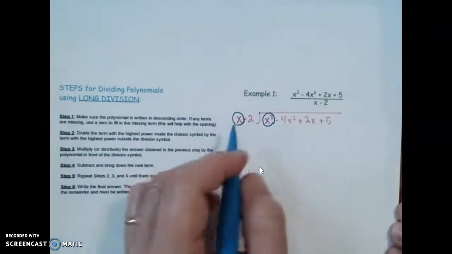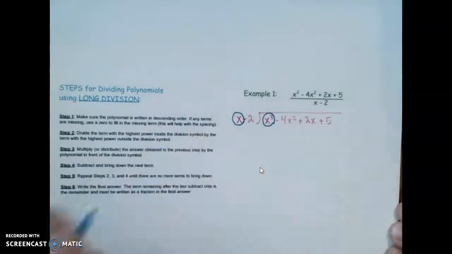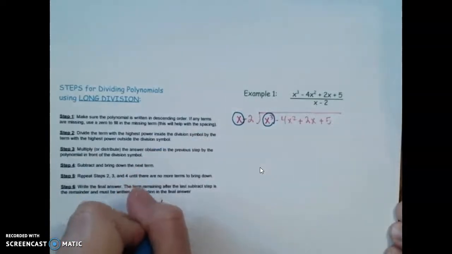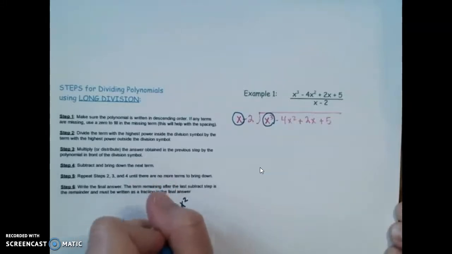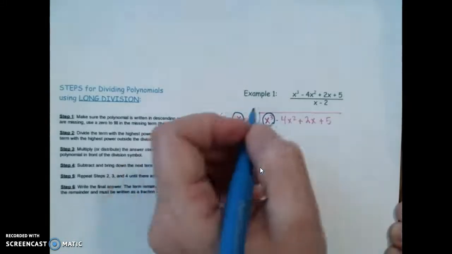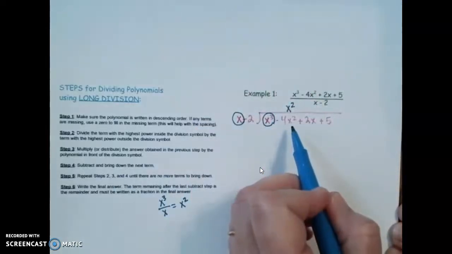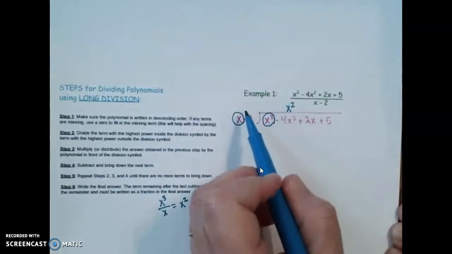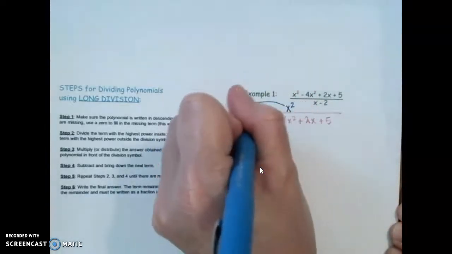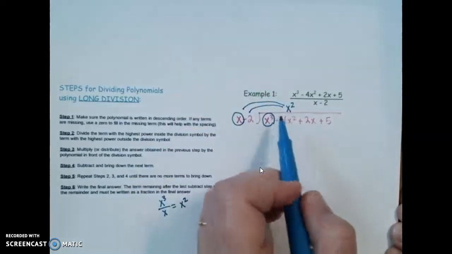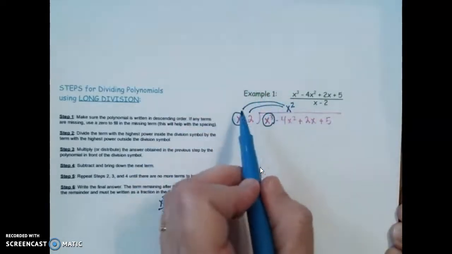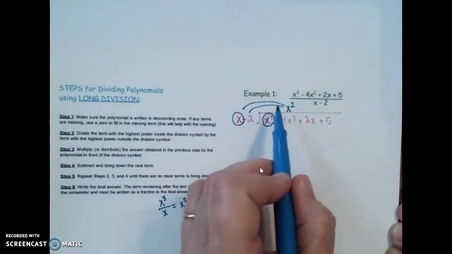So somewhere over to the side, I'm going to do x to the third divided by x. Subtract your exponents, so that's going to give us x squared. That comes on top of the x squared in your problem, and then you're going to multiply. I'll just do this the first time, I won't continue to do it, but just so you can see that we're going to multiply, distribute in this case.